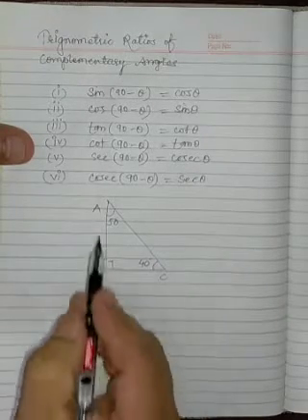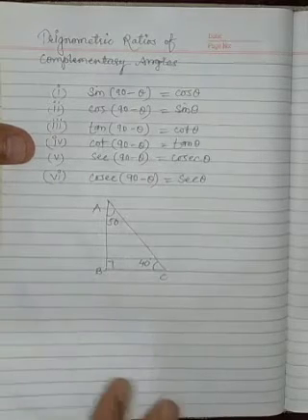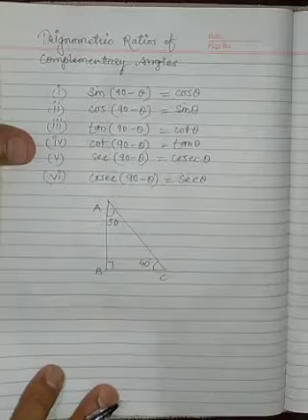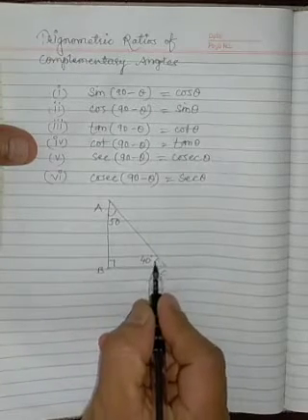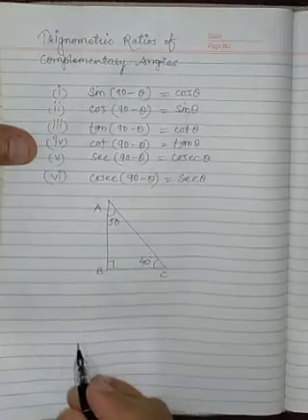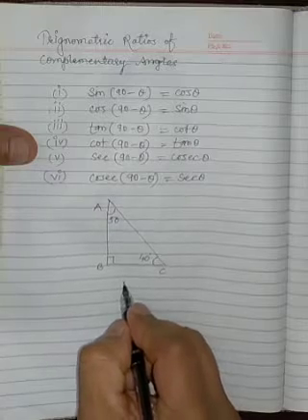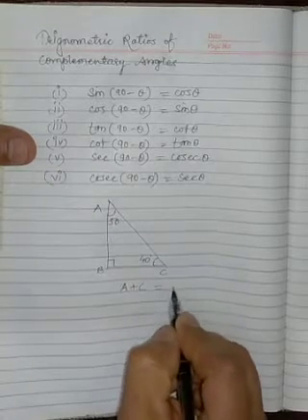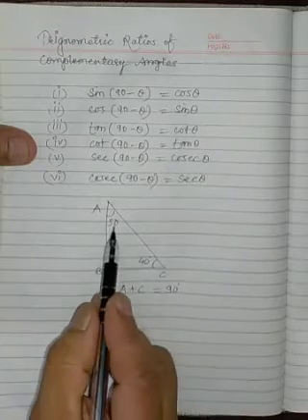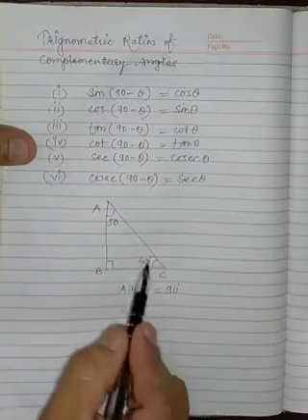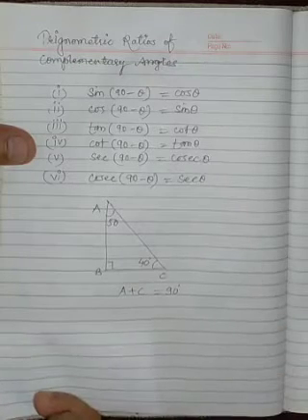Because we know that if in a triangle one angle is 90 degree, then other two angles are complementary angles of each other. So for this triangle, if we find out the ratio for both these angles, as we know that angle A plus angle C is equal to 90 degree, that means we can relate any of these two angles in the terms of its complementary angles.